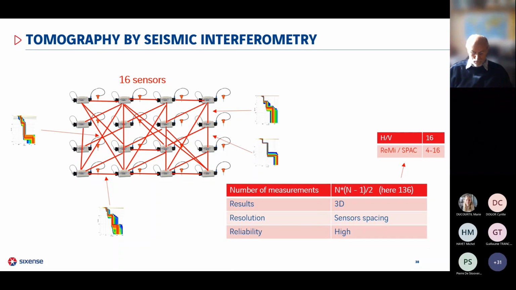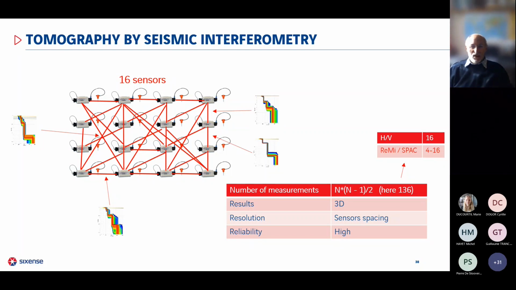Why? Because simply we compute cross-correlations between each two receivers. So we have one measurement by pair, and with 16 sensors, we could have 136 pairs of receivers.